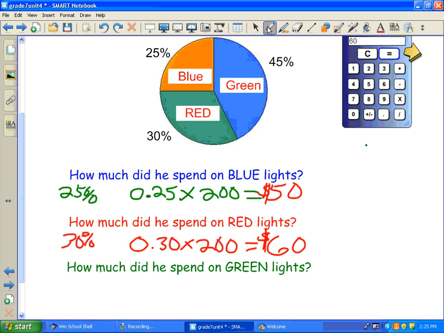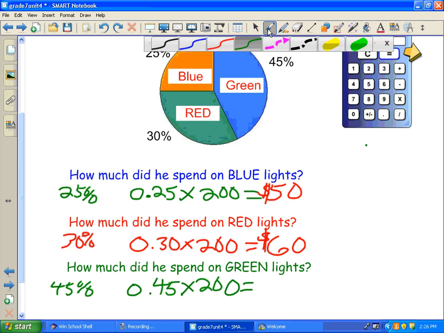And of course, now I've got my green lights is 45%. So 45% changed to a decimal is 0.45, times it by my total amount, and 0.45 times 200 is $90 on green lights.